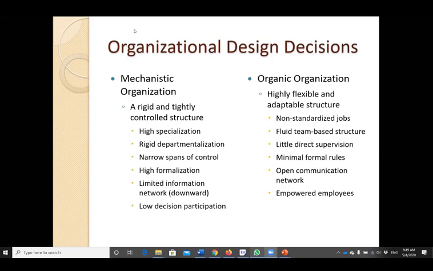Is it more mechanistic or more organic, and why? People often experience a mixture between the two. How about yours?